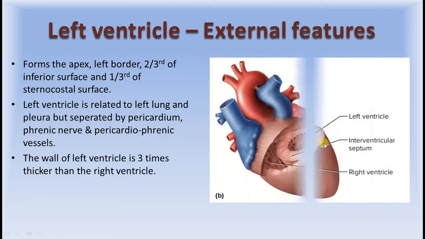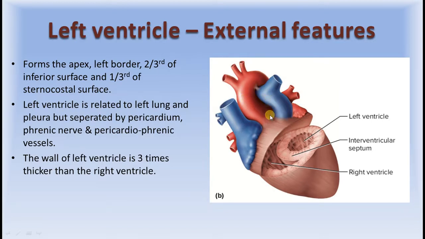Now if you look at the interior, you see how thick the walls are. It is three times thicker than the wall of the right ventricle, because it needs more power and has to exert a lot of pressure to pump blood into the aorta for the systemic circulation.